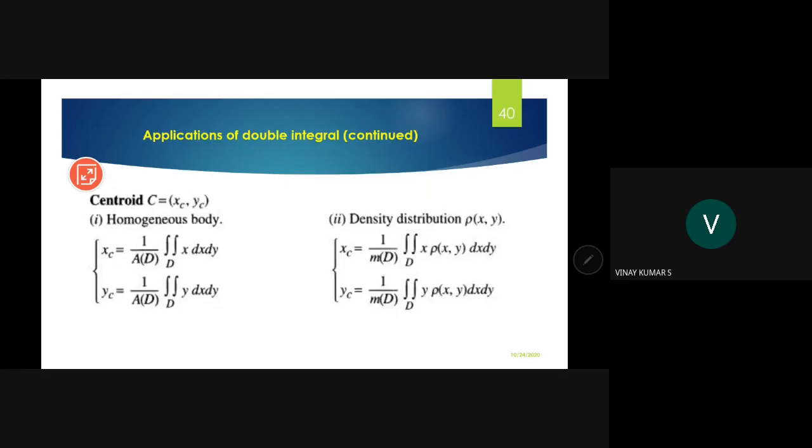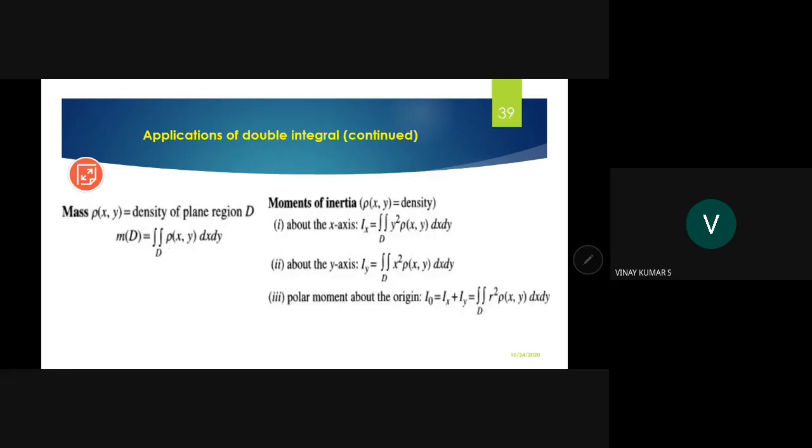These two are important: the centroid, and the case of a body that is not homogeneous, where density is not uniform. Then the mass and the moment of inertia that we require. Once you know the density, there are the applications I have given.